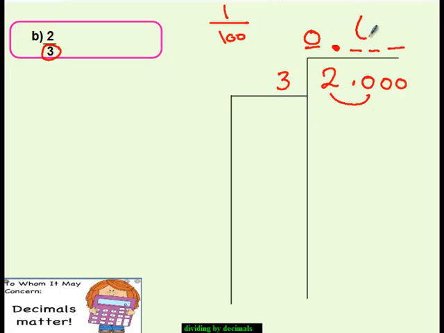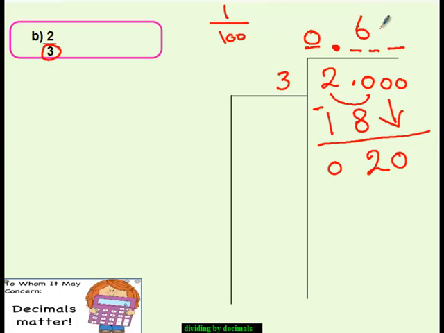20 divided by 3, 6. 6 multiplied by 3 will be 18. Okay, and here 20 minus 18 will be 2, and I'm gonna drop down the 0. 20 divided by 3, again it will be what?